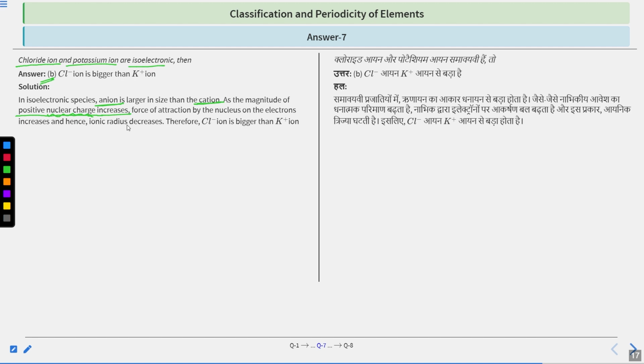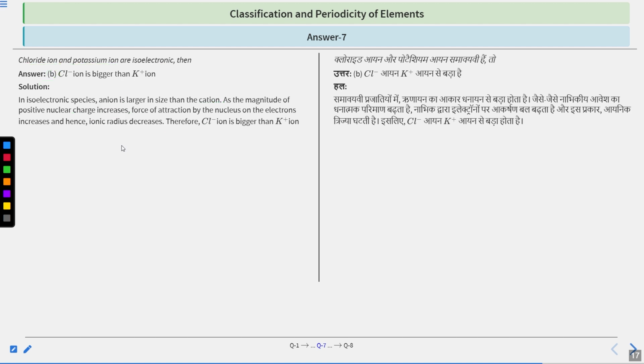As nuclear charge increases, the nucleus will attract the electrons more and more. So the force of attraction by the nucleus on the electrons increases, and hence ionic radius decreases due to the higher positive nuclear charge. Therefore, chloride ion is bigger than the potassium ion. Okay, thus our B option is the correct answer.